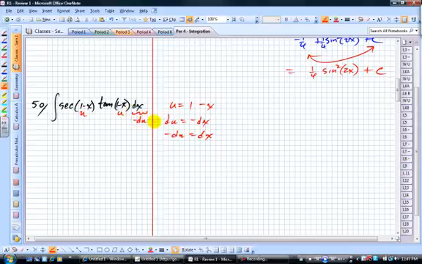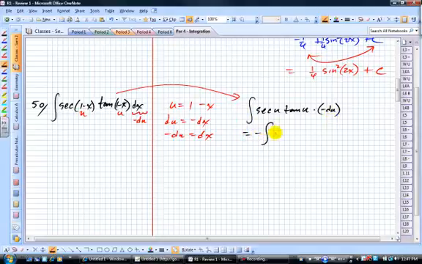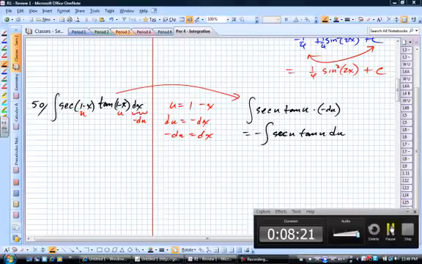That's this portion right here, that's a negative du. And I want to just go ahead and write it in terms of u. So I get the secant of u times the tangent of u times a negative du. Or you can bring that negative out in front and write it as negative the integral of secant of u times tangent u du.